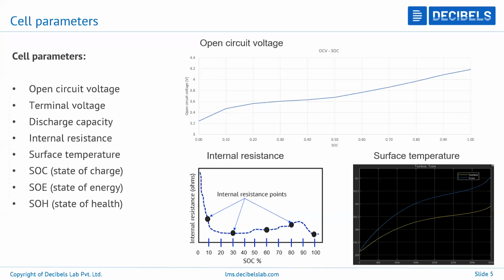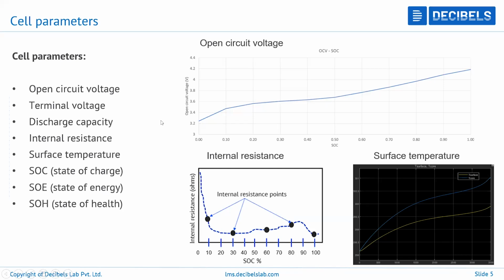There are so many more. These are some of the most important cell parameters when we go for real life applications, especially in electric vehicles or in any hand-held electronic devices, laptops, mobiles, and things like this, right? So these are the most commonly used terminologies that we use for cell parameters. When we associate any battery or a cell, these are the parameters that one can expect to understand.